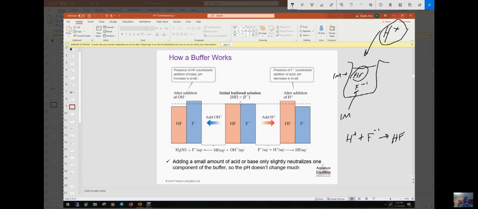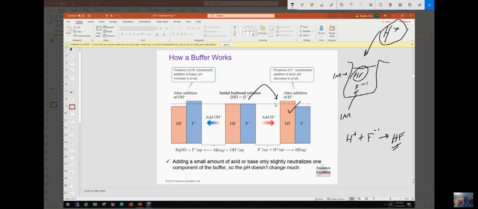So what did I do? I took the strong acid H+ and converted it to the weak acid HF. That's why the buffer solution is able to absorb hydrogen ions: it converts the hydrogen ions from HCl, which was strong, to HF, which is weak. At the end of adding the extra acid, the HF is now in a larger concentration and the F minus in a smaller one.